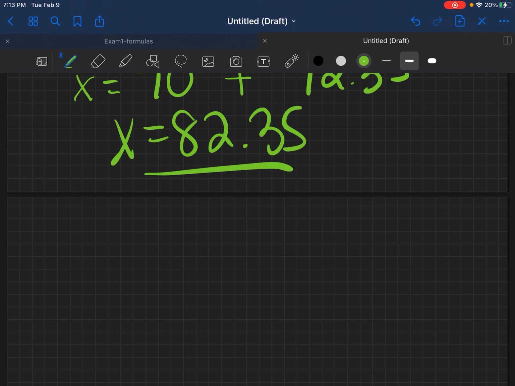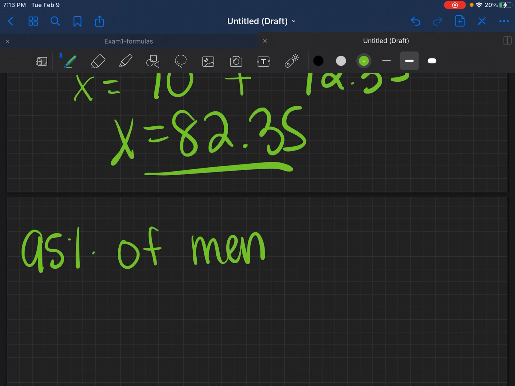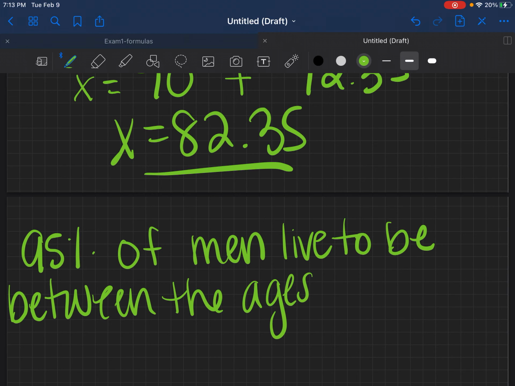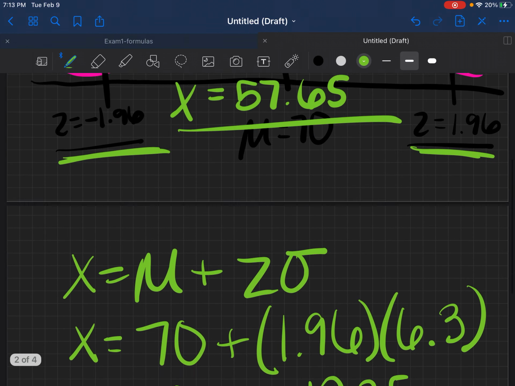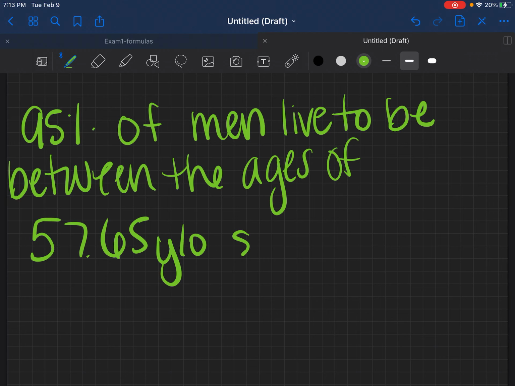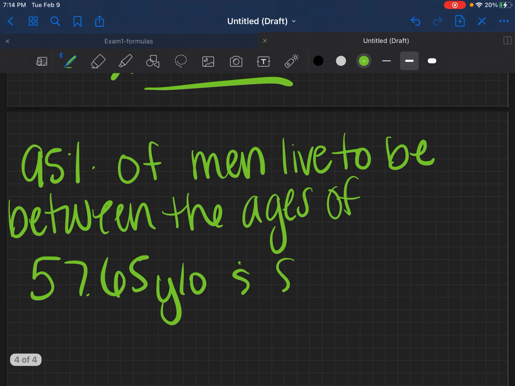So we're going to say that 95% of men live to be between the ages of, what do we say here, 57.65 years old and 82.35 years old.